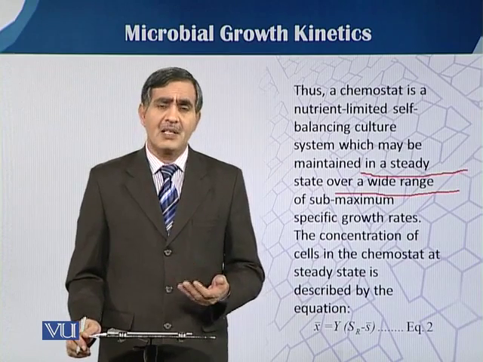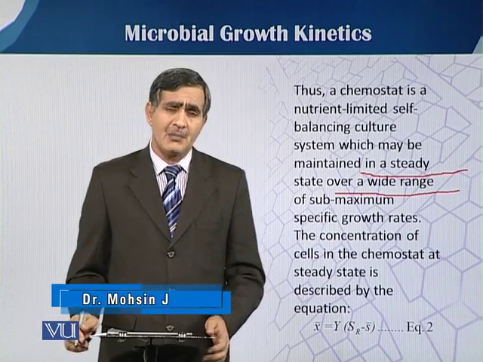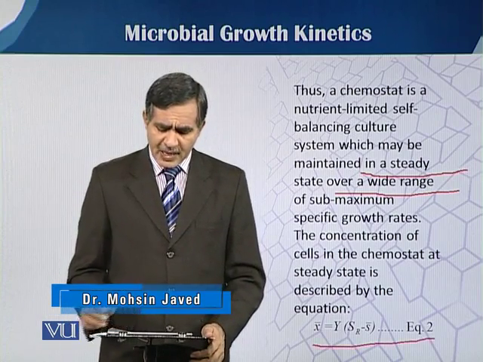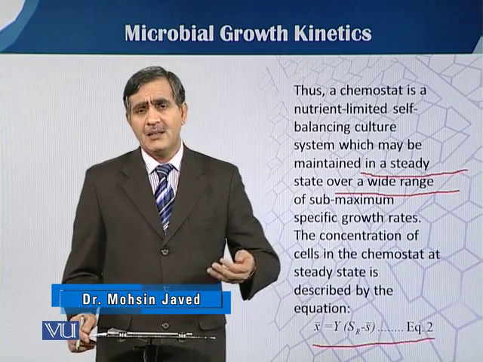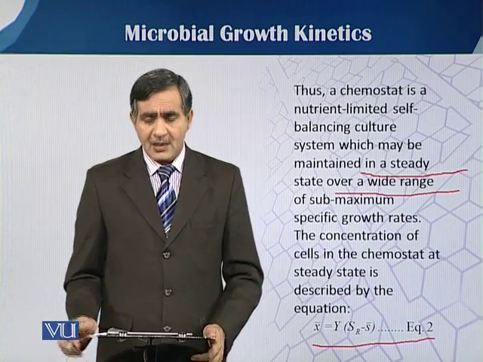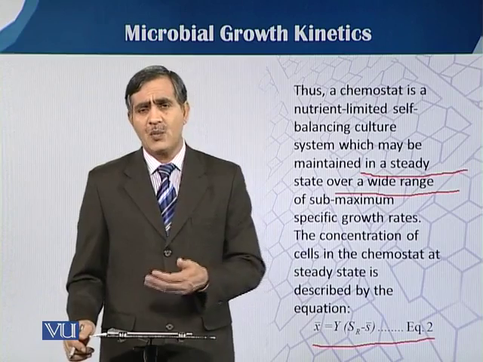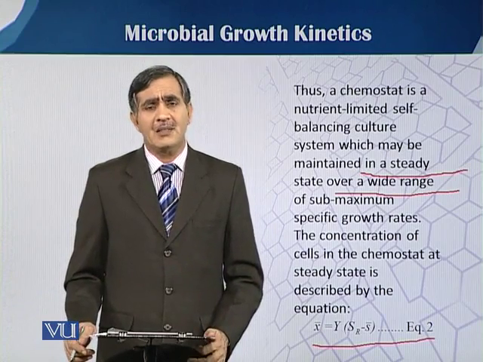The concentration of cells in the chemostat, which we have already seen in a batch culture by the equation X equals Y, the yield coefficient, is directly related to the initial substrate concentration as well as the residual substrate concentration.